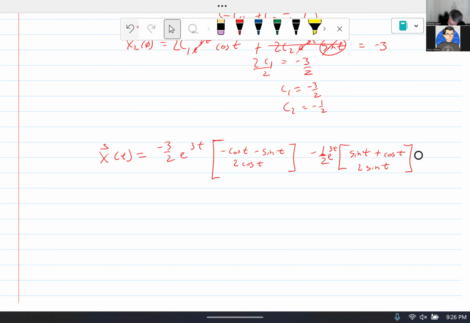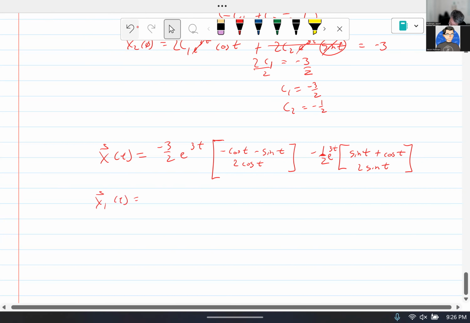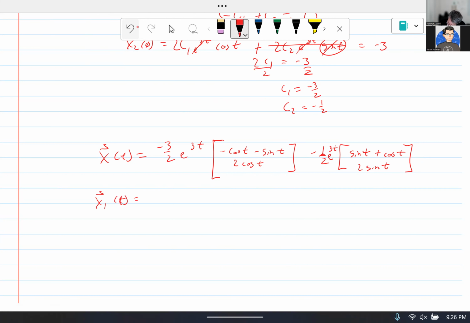Okay, and so x1 of t is equal to negative 3/2 e to the 3t times negative cosine t minus sine t, minus 1/2 e to the 3t times sine t plus cosine t. I should be able to simplify this.